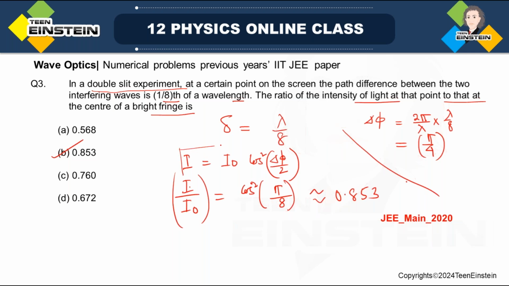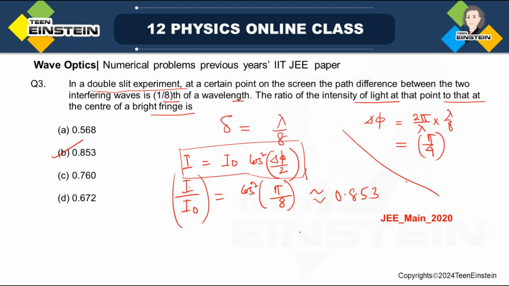The turning point here is that you have to remember this formula: I is equal to I0 cos square delta phi by 2. This is with interference. I'll tell you at the end of this class that there are a few particular types of questions asked in the mains exam. As I discuss all the questions, you can guess the types.